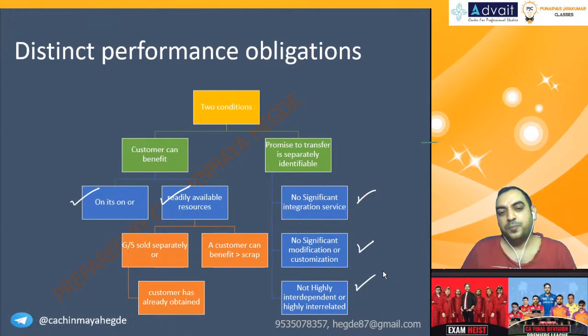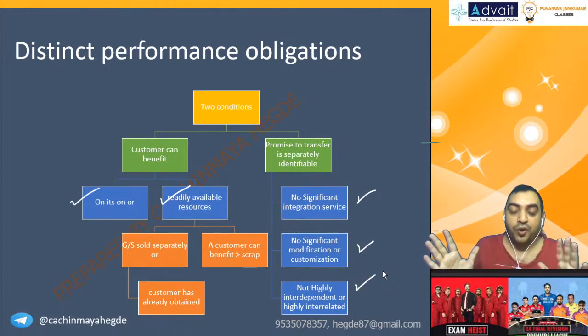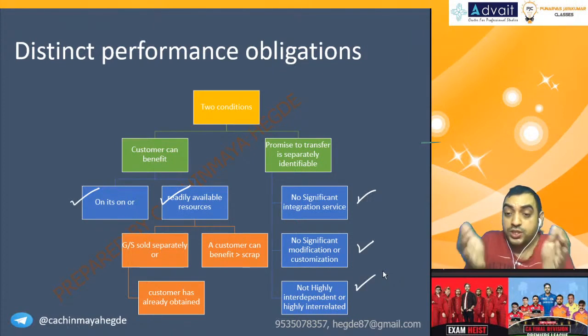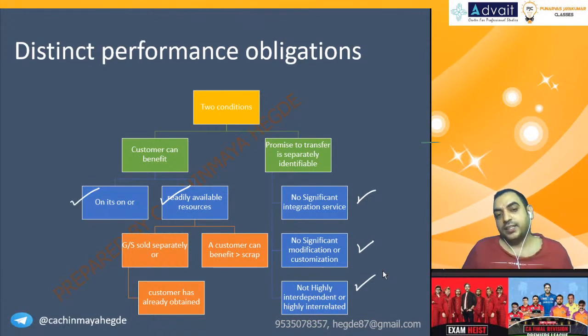Simple foundation: if they can be separated and used separately, they are distinct products. If they have to be used in tandem, if they have to be used together, there is integration, then they are one product, not distinct. I hope this point is clear.